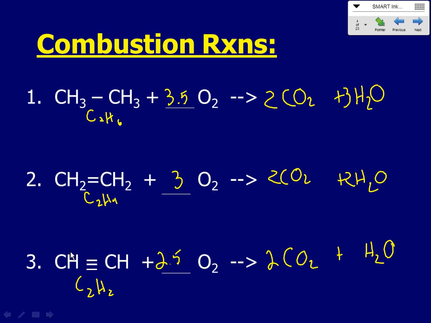So it works and burns like gasoline, but it doesn't contain as much energy per molecule. You aren't able to go quite as far if it's got a lot of ethanol in it, because you're not getting as much energy out. So it's a biofuel. You can make it from corn, but you don't get the same energy out as you do with an octane molecule. Okay, so they all burn.